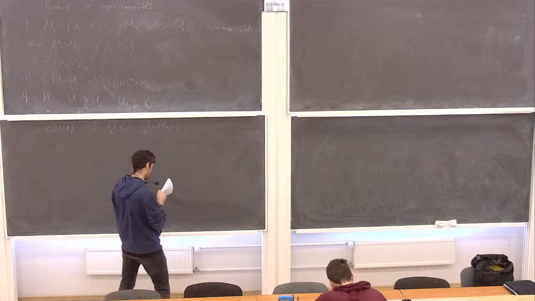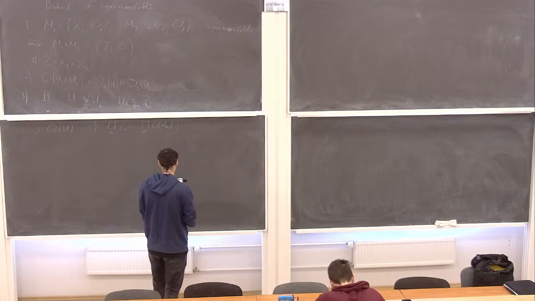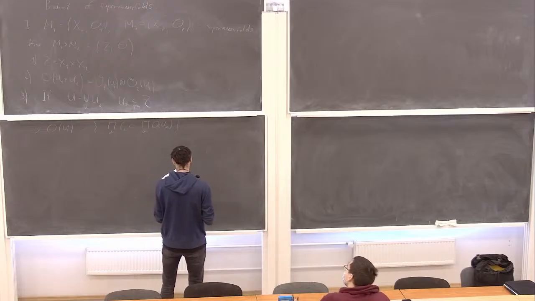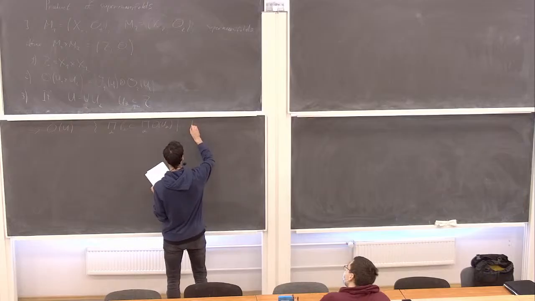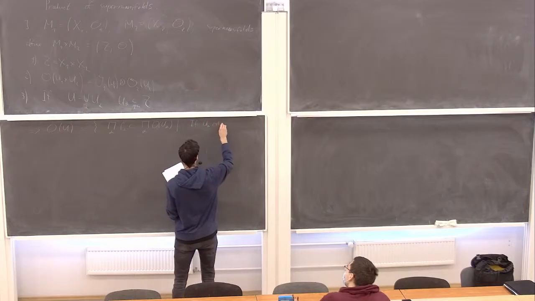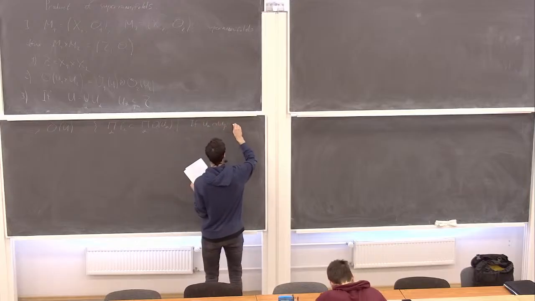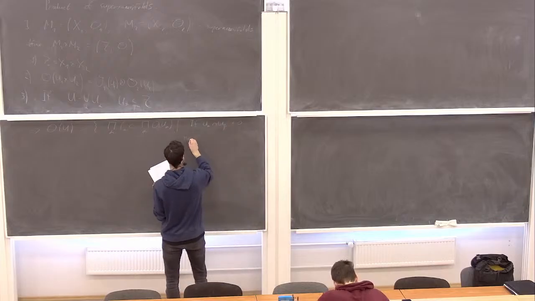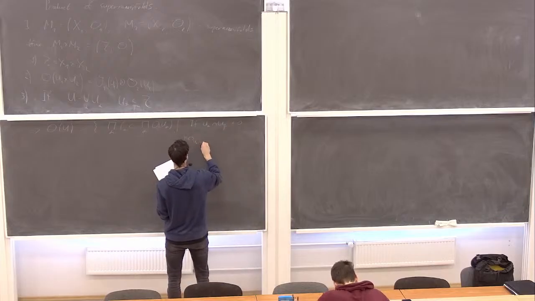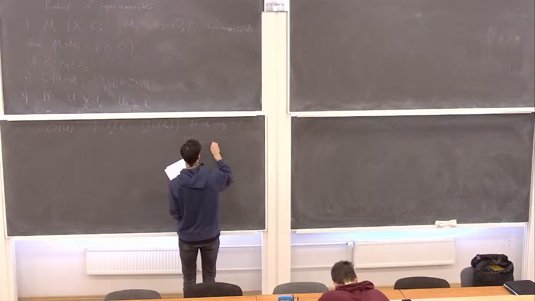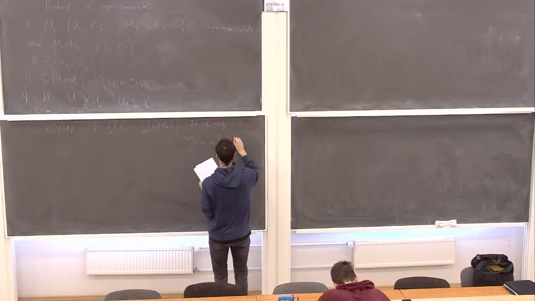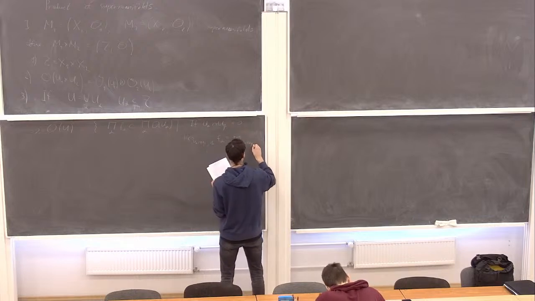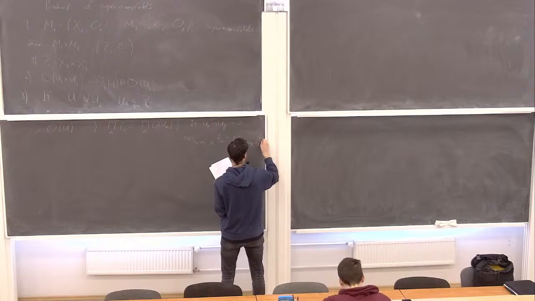It's just a standard trick, right? So how do I write this down? If U alpha intersect U beta is not empty, then the restriction to the intersection of f alpha equals the restriction to the intersection of f beta.